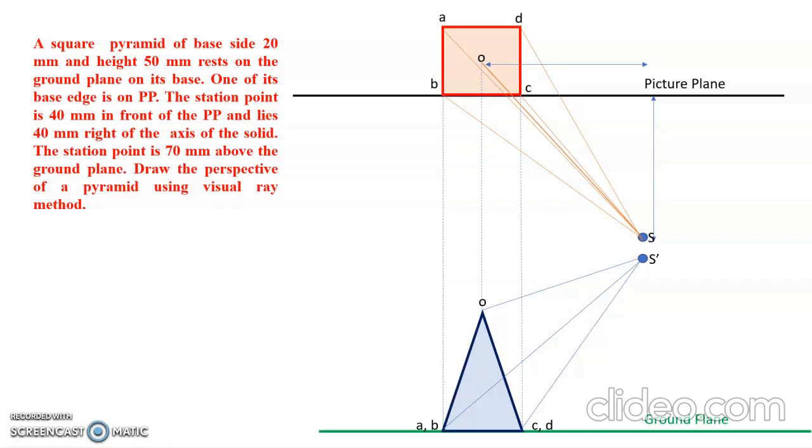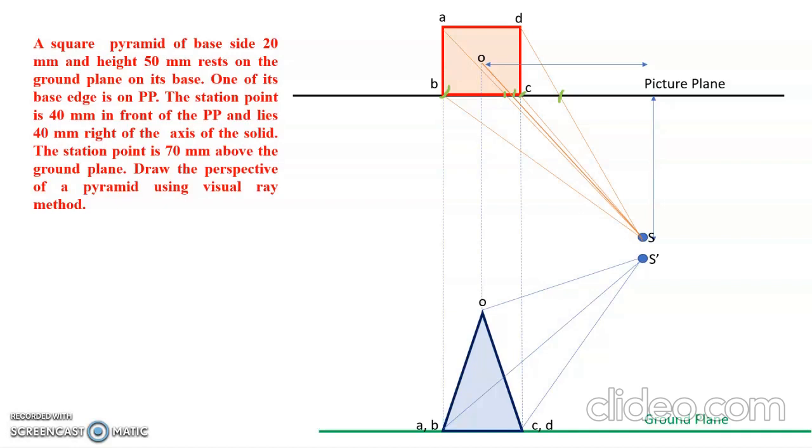So this is the ray A, this is the point B, this is B, this is C, and this is D, and O is also there, which is in between A and C. This is the intersection with the picture plane.